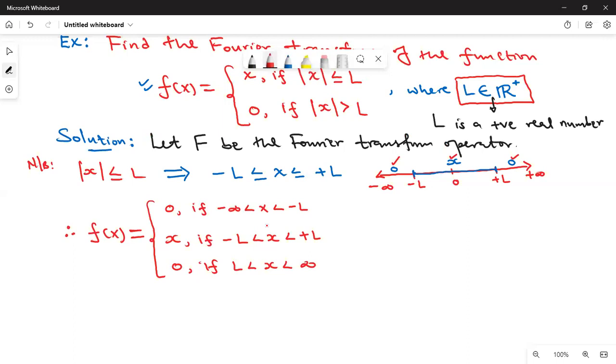I have just written the piecewise function in a form that will make our work easy when finding the Fourier transform.